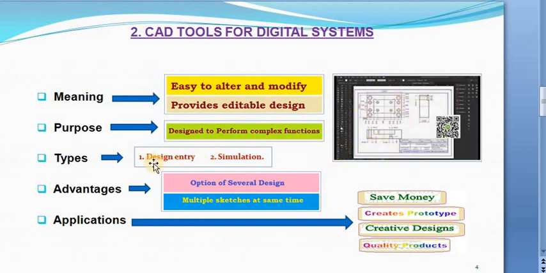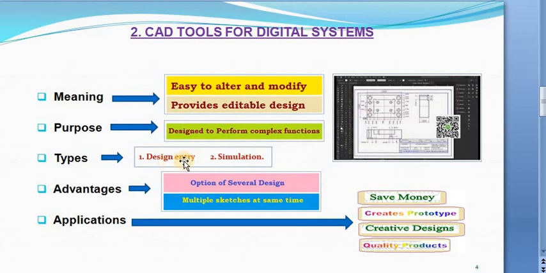Now what are its types? It has two types, that is design entry and simulation. Now the design entry is the first step in the design process which uses CAD tools. At this stage, the designer describes the circuit which is to be implemented using some design entry method.